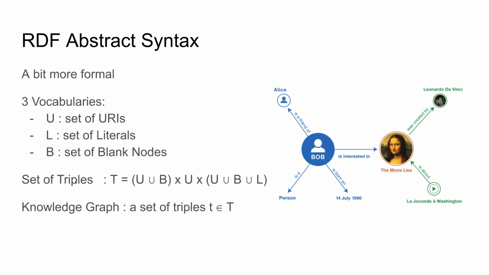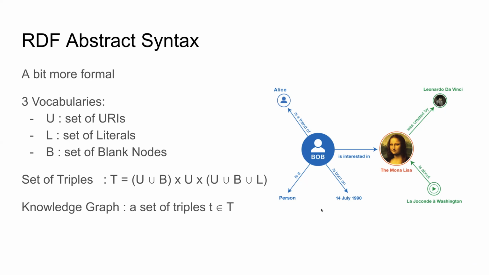In this sense, we can then define a set of triples as the combination of either URIs or blank nodes in subject position, then an element from the URIs, so in predicate position only URIs can appear, and then in object position anything between an element of URIs, blank nodes, and literals can appear. Once you have defined a set of triples, a knowledge graph is a set of triples that can exist in the set T of triples.